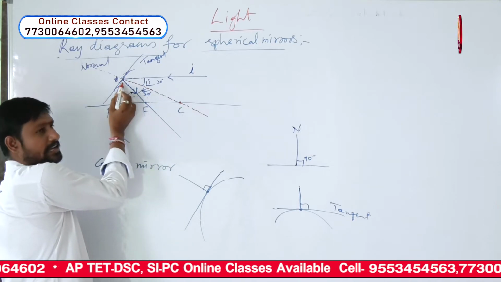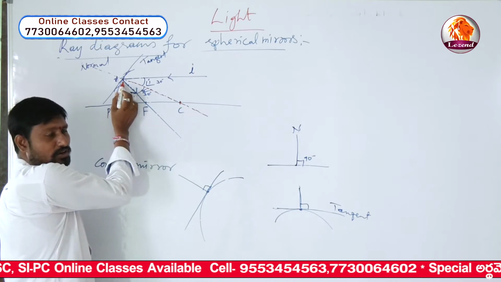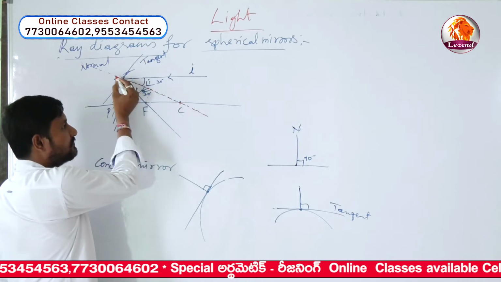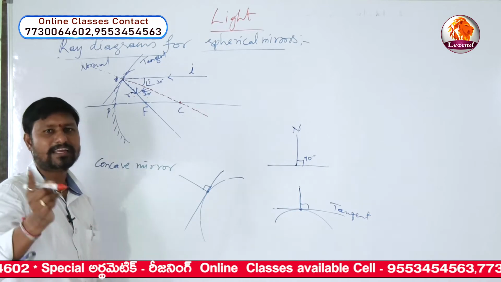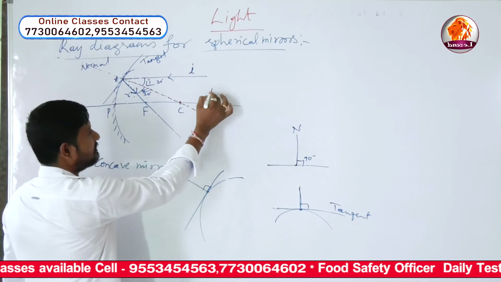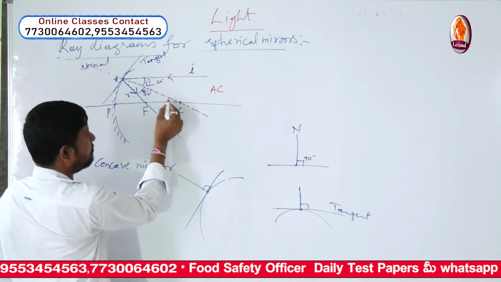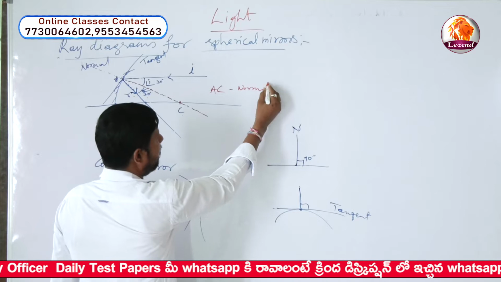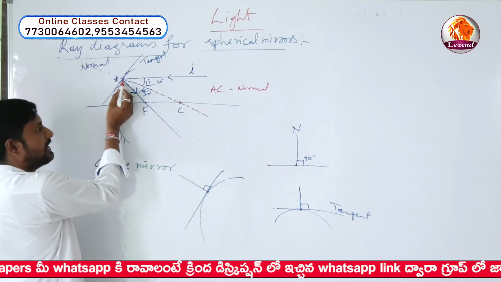So any line joining the point of incidence on the mirror to its center of curvature, that line itself will behave like a normal. So here AC, this A to C shown in dotted lines, behaves like a normal. And this we have drawn directly.